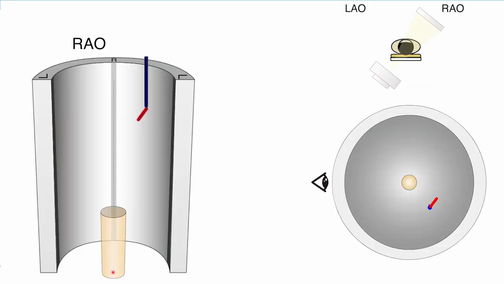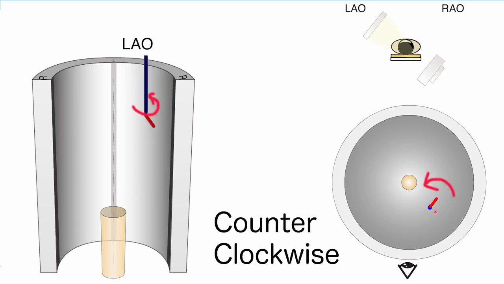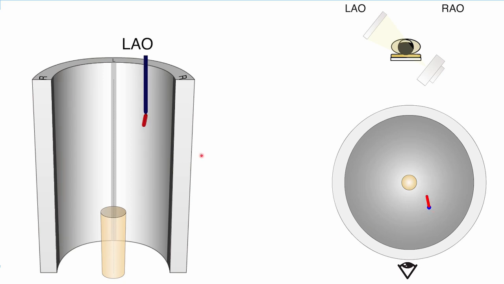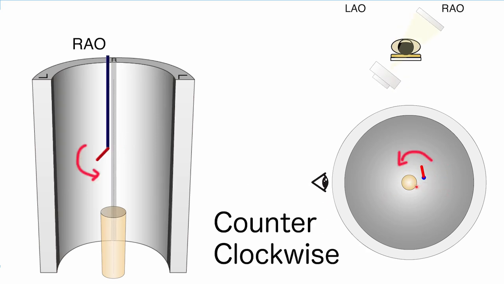I will show you some animation. This is RL to LL, the guide wire is front, then counterclockwise. Then advance, like that. Then LL to RL, the wire is on the opposite side, so the wire is behind.